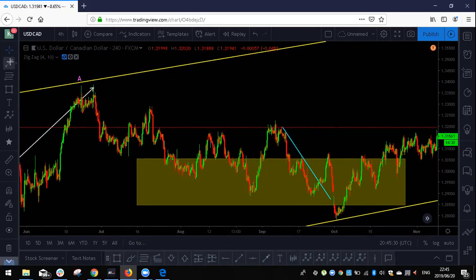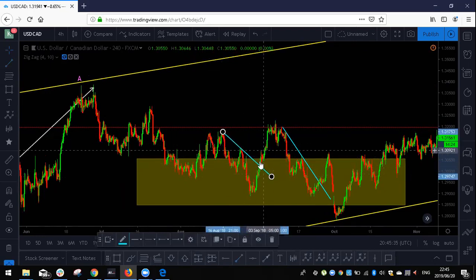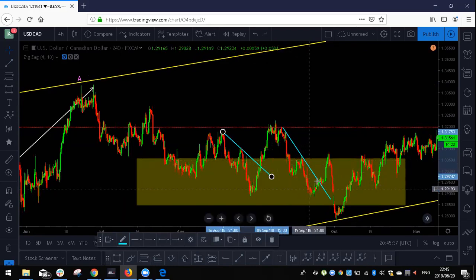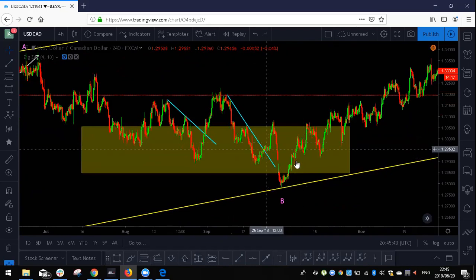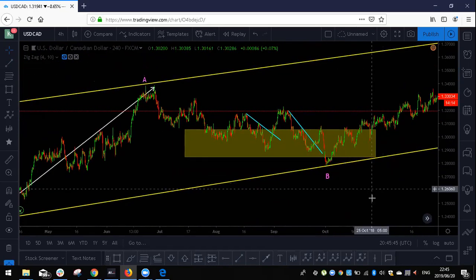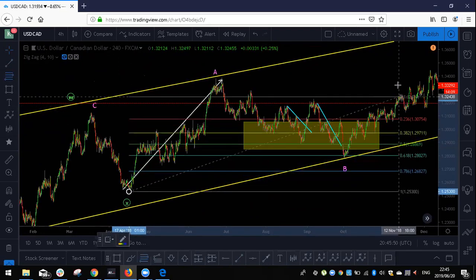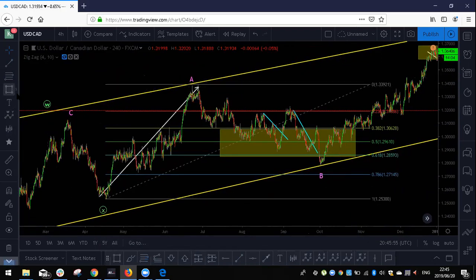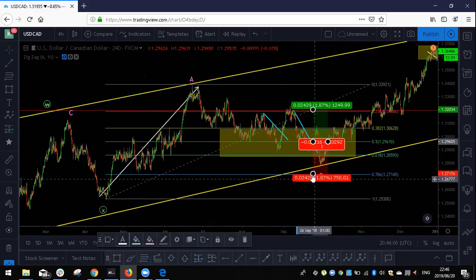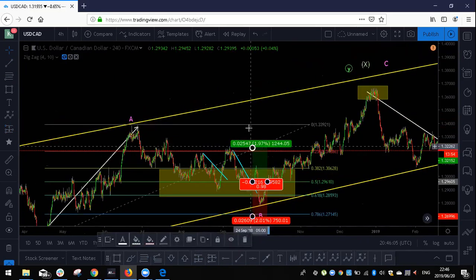Maybe our first entry would have been this one. We take our entry, we get stopped out, and then we get a cheaper buy. We buy from there. And you remember I said our stop loss is below 78.6. So this would have been a good trade. We enter there. Our stop is very far from there, but our target is okay.